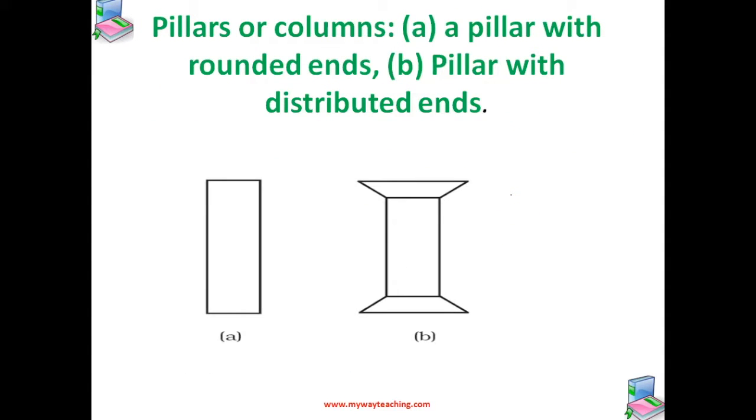See, use of pillars or columns is also very common in buildings and bridges. A pillar with rounded edges, as you can see in this figure, or rounded ends, we can say, supports less load than the pillar with the distributed shape at the ends, isn't it?